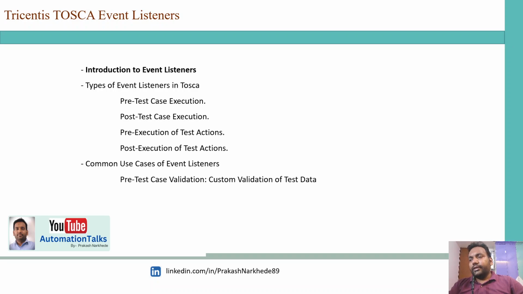Just an example: you pull the SAP system status via some background APIs, and if it is up, you proceed, logging the results, or you terminate the test execution right there if the status is not up. So these are basically hooks. If you want to do anything before and after certain events, we are good with event listeners in Tosca.